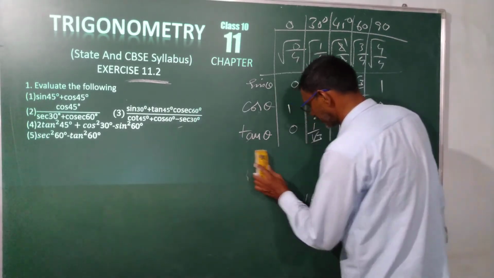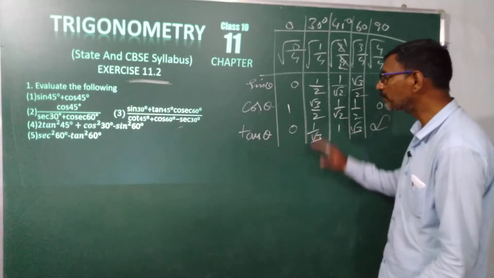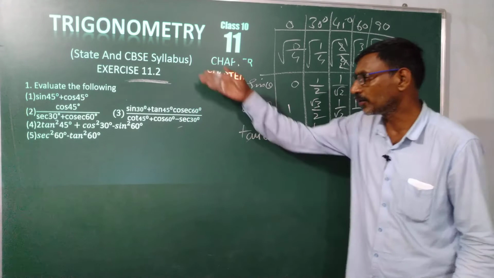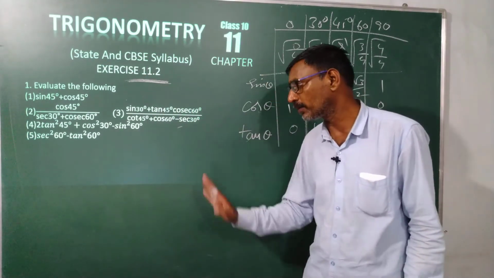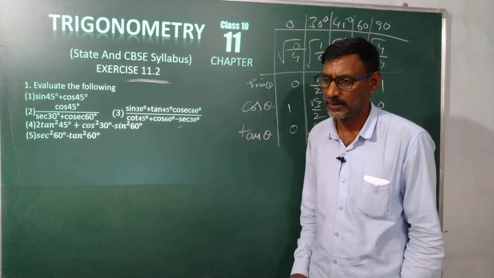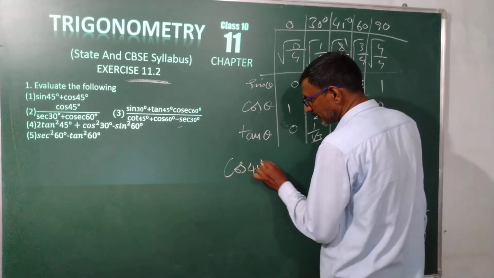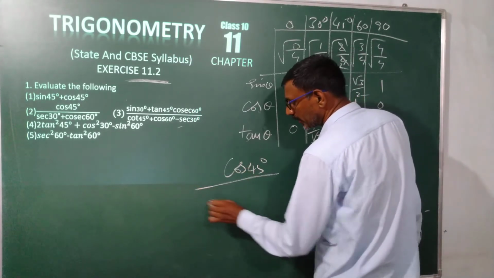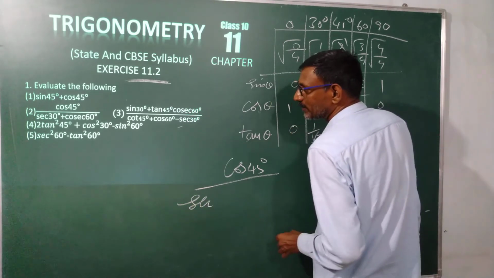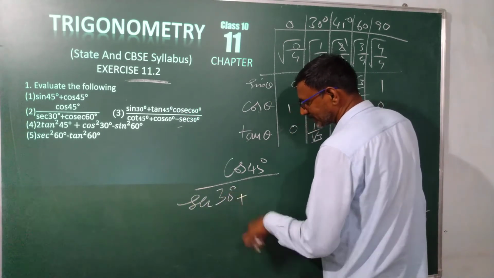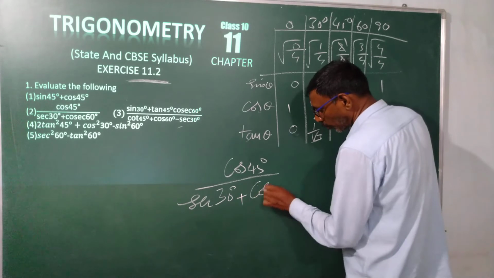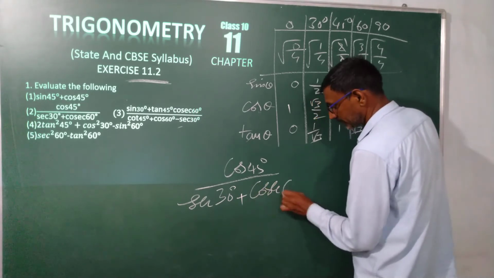Now coming to the next problem. Very simple. If you know the table, we can do every problem from this exercise. Yeah, coming to cos 45 degrees divided by sec 30 degrees plus cosec 60 degrees, sec 60.